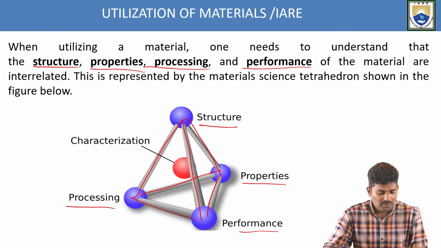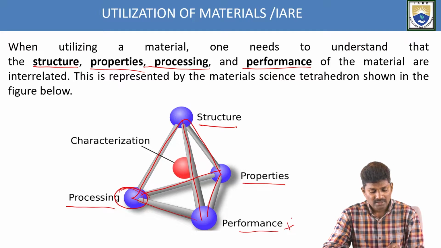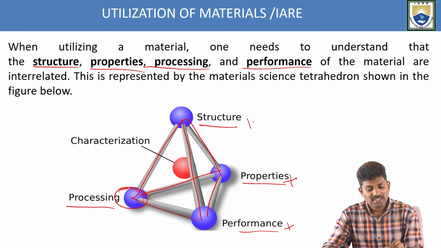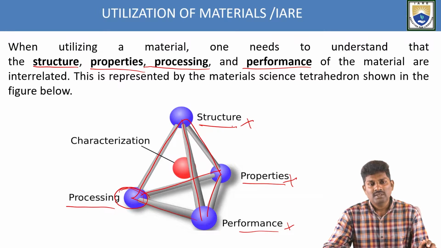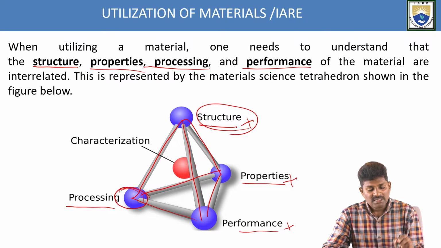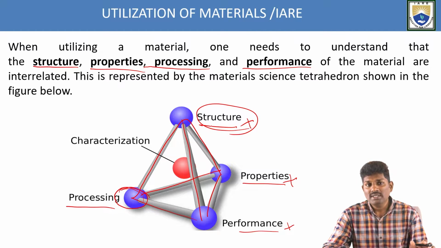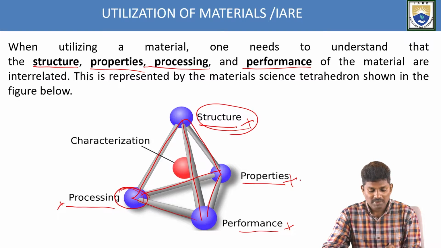So if you alter any processing methodology, what happens? The performance will alter, the properties will alter, the structure will also get altered. And similarly, if you change the structure of the component, what is happening here? The processing will change, the properties will change, the performance will change.